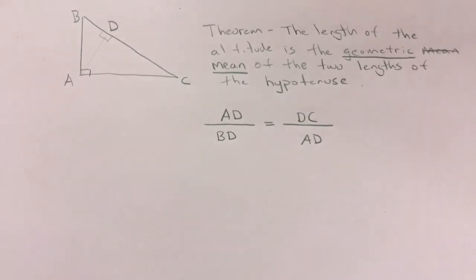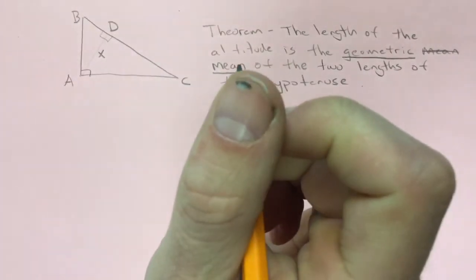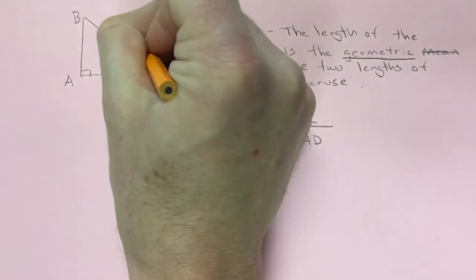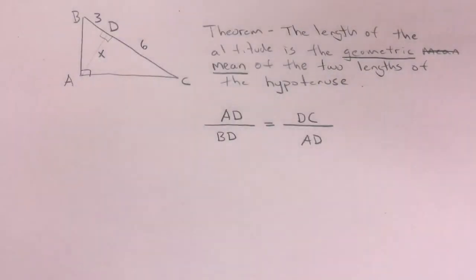So let's illustrate this one with numbers. Let's say this was x, and we knew that this was 6 and that this was 3. When you first start doing any right triangle problem, the first strategy I use is the Pythagorean theorem. We can't use it here for obvious reasons. Then I usually try trigonometry.